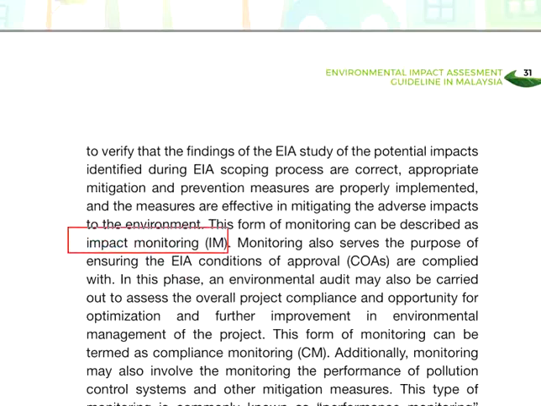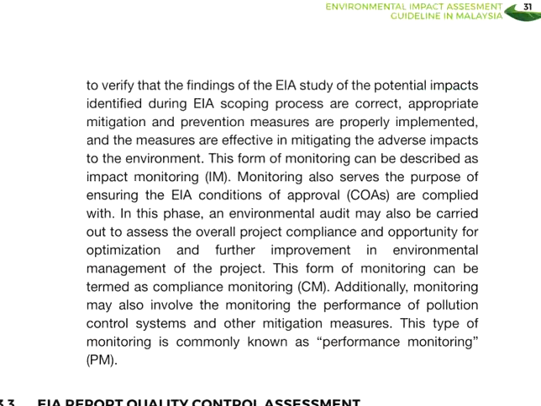The impact monitoring process will look into whether the EIA study is properly done, whether the mitigation measures are properly implemented, as well as the effectiveness of those measures. Now, when it comes to the compliance monitoring, we are looking into the opportunity for further optimizations or further improvement in terms of the environmental management of the project.